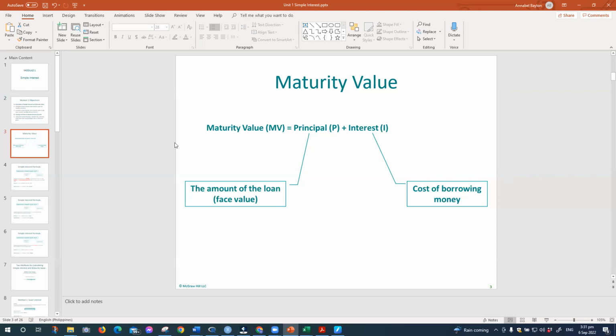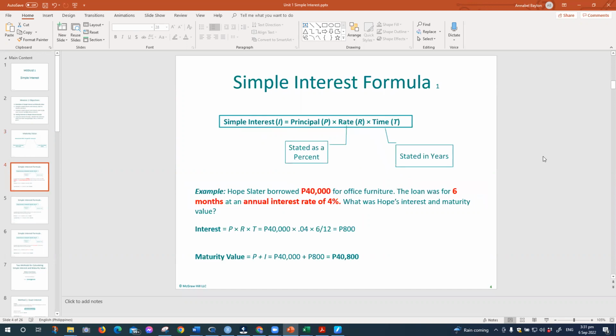As I said, the maturity value can be taken either from the perspective of borrowing money or investing in a certain vehicle, investing in a fund. Both ways, may interest din. And both ways, if we sum up the principal and the interest, we call it maturity value. So let's have some very basic examples. Napaka-basic na example na to.